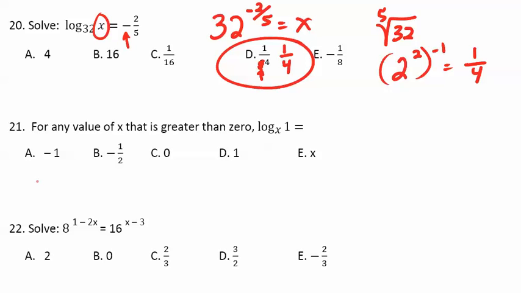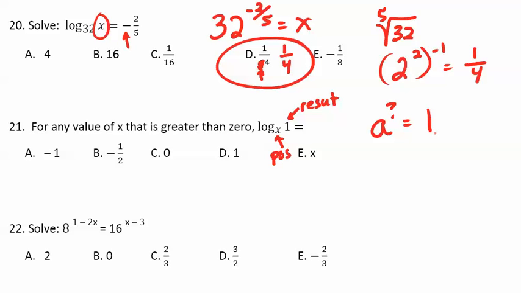All right, in 21, for any value of x that is greater than 0, so we've got a base that is positive is what we're saying here. If our base is positive and we want a result of 1, so think of some number a, and we want to raise it to some exponent to produce the number 1.